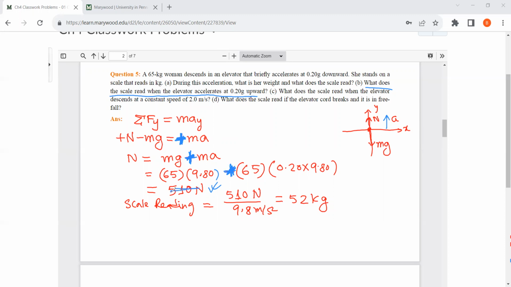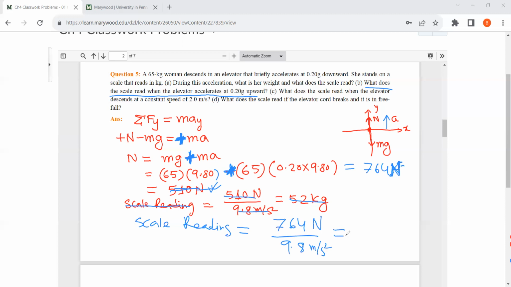Now it will be equal to 764 Newton. So in this problem the scale reading will be 764 Newton divided by 9.8 meter per second squared, and that will be equal to 78 kg.